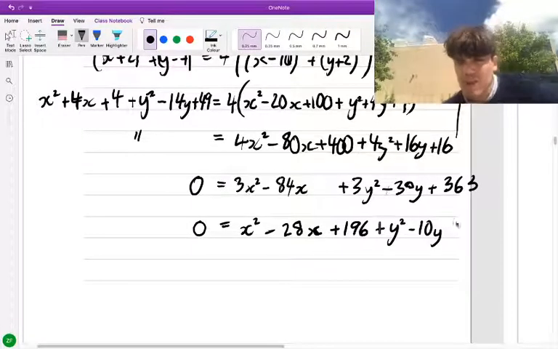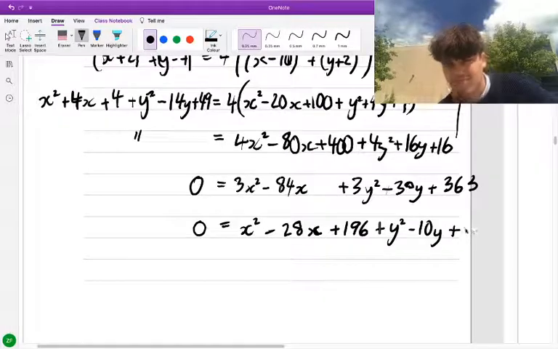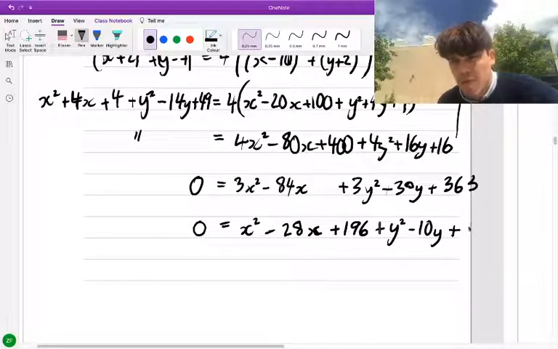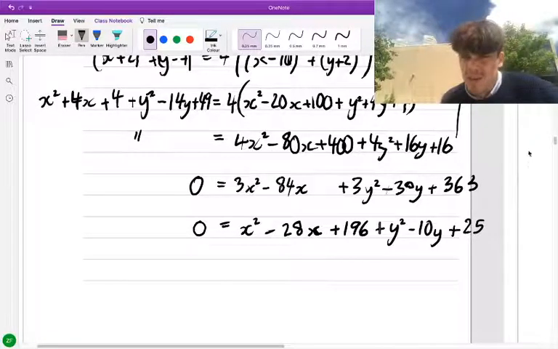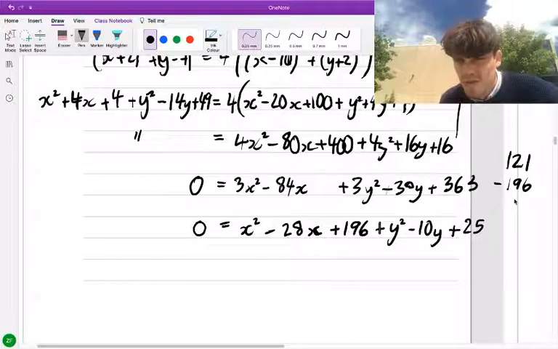But I want to make a 25 over here as well, because, oh no, wait, it's not 20. That's going to be divided by 2, 5 plus 25. So what we need to do is 363 over 3 is 121. 121, we then got rid of a 196. And we also have to get rid of a 25.